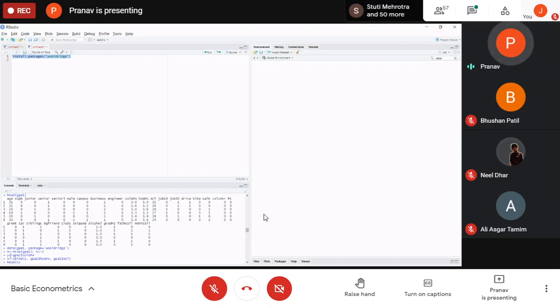So I have assigned y as GPA1, that is the data set, and the column I particularly want, colGPA, which is college grade point average. That's why this dollar sign comes over here. Out of this data set, it is college grade point average which you want as your dependent variable. So this is how you assign variables, guys.